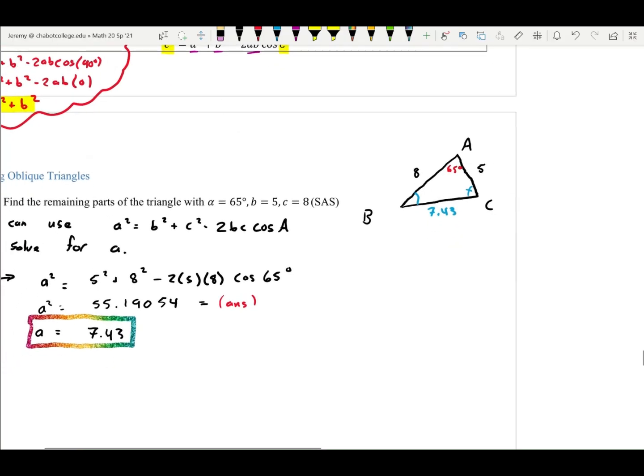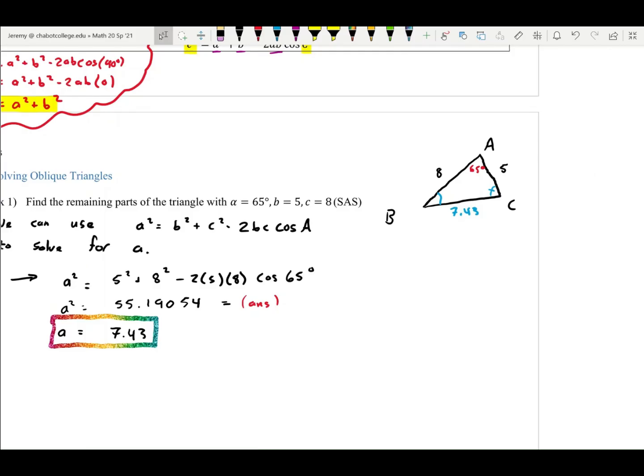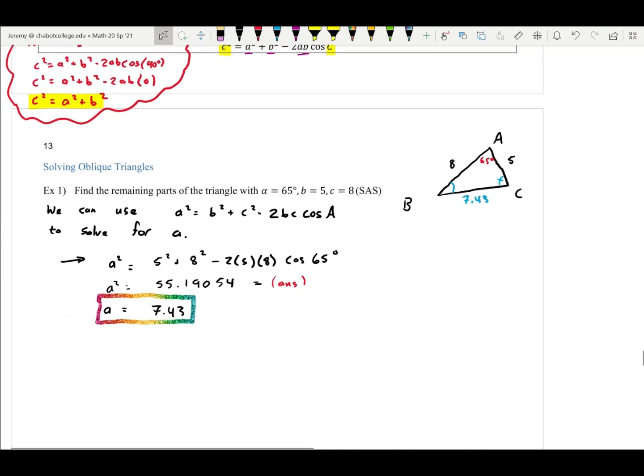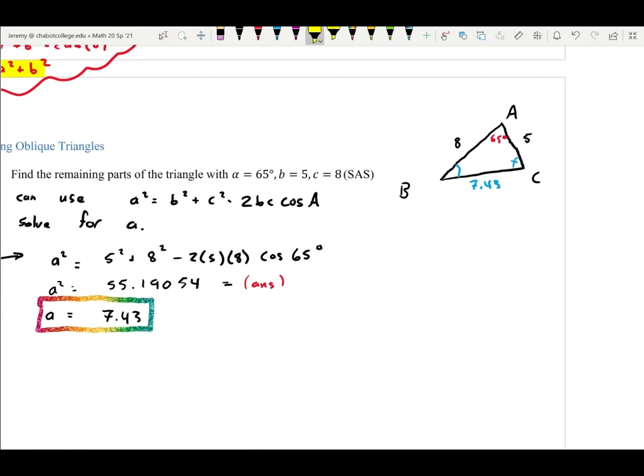All right, so now that we are here, we are actually in a position where we can start using law of sines if we wanted to. Because now that I have the angle A and the side length a, and I've got some other side lengths, I have everything I need to apply law of sines. So I can totally do that. But hey, you know what? Maybe just for fun, let's apply law of cosines to find one of these other angles. So how about we start with angle B? So let's try to find angle B here.